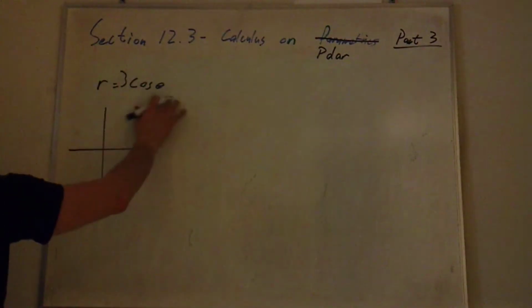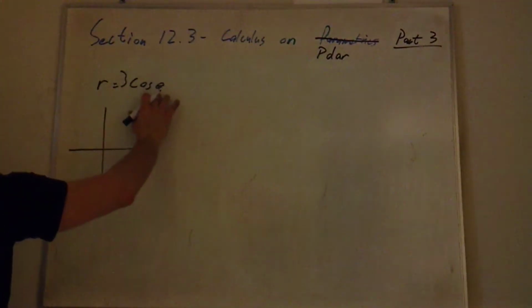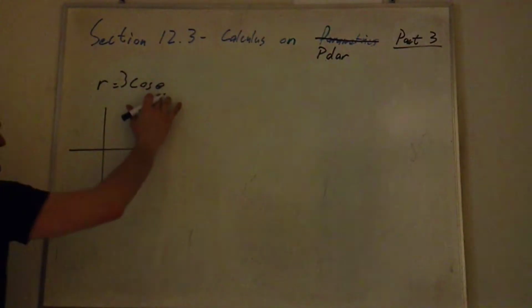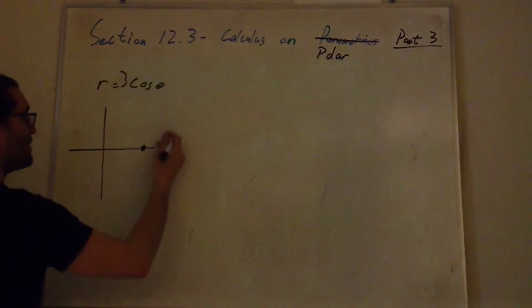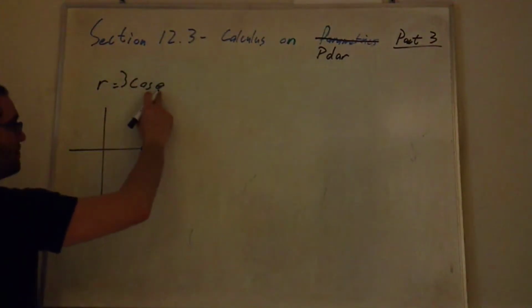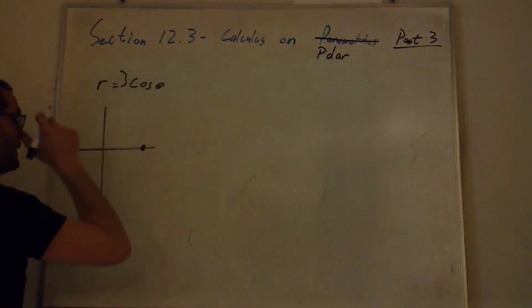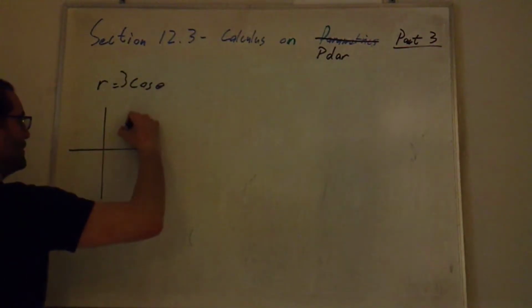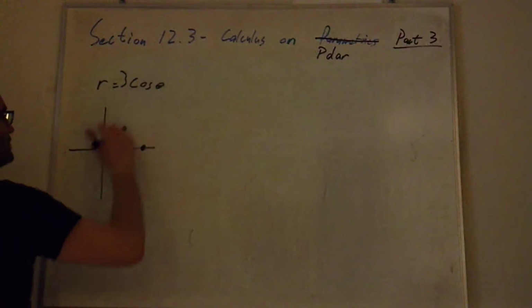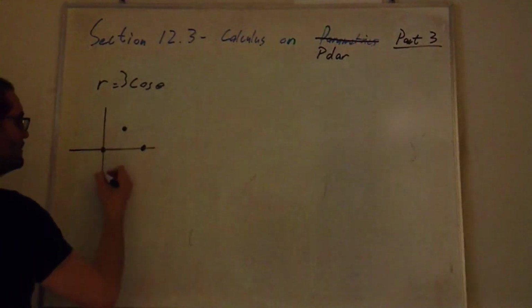We can sort of check this. When your angle is 0, cosine of 0 is 1, so you should be out here at 3. Stuff like pi over 4, you're going to get a positive cosine value. You multiply that by 3, you'll be up here. At pi over 2, you get a cosine value of 0.